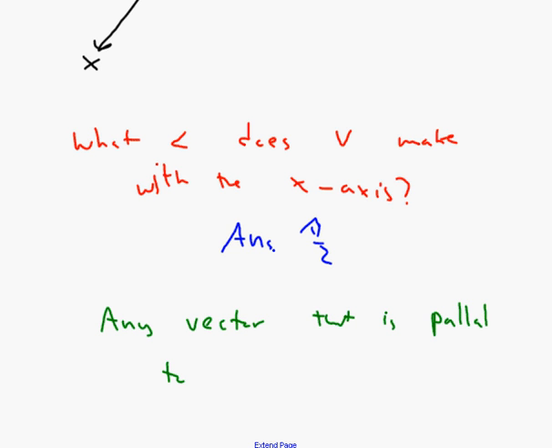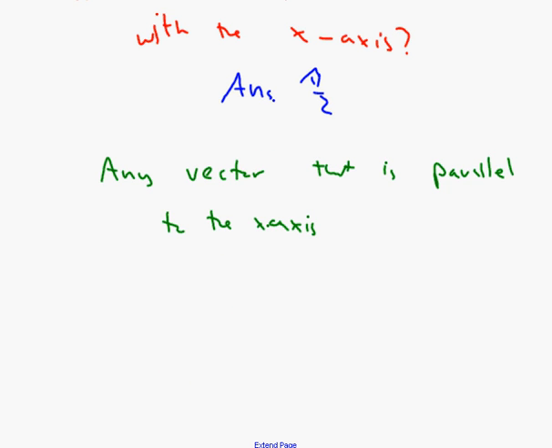If you want, you might as well, what's an easy one? Just choose i. It's not a bad idea. Okay, and if you do that, that vector has components 1, 0, 0.